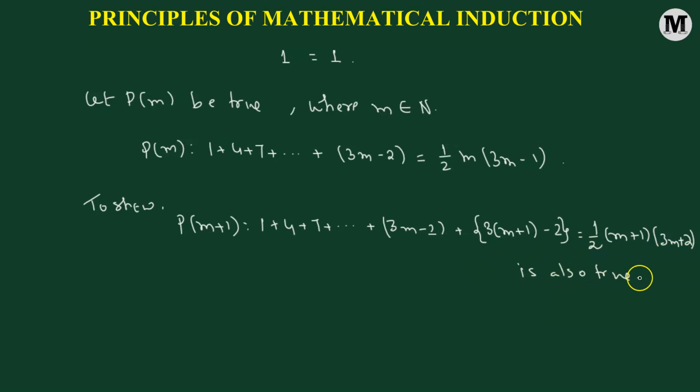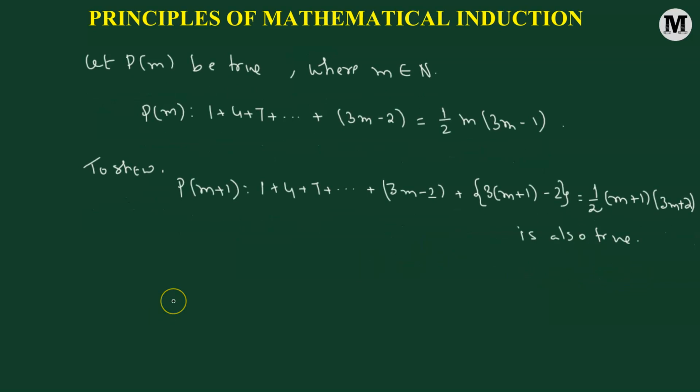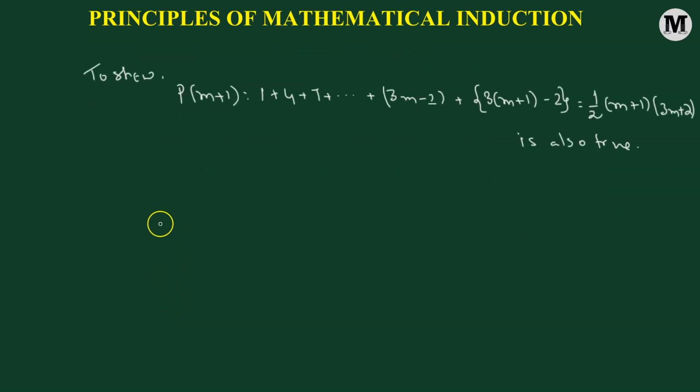Now, how do we show that this particular statement is true? What we'll do is start from the left hand side. We're considering the left hand side of P(m plus 1), that statement, 1 plus 4 plus 7 going all the way up to 3m minus 2 added to the next consecutive term.